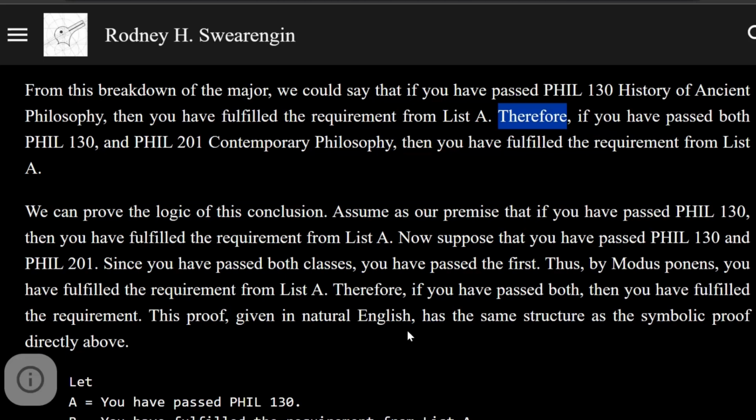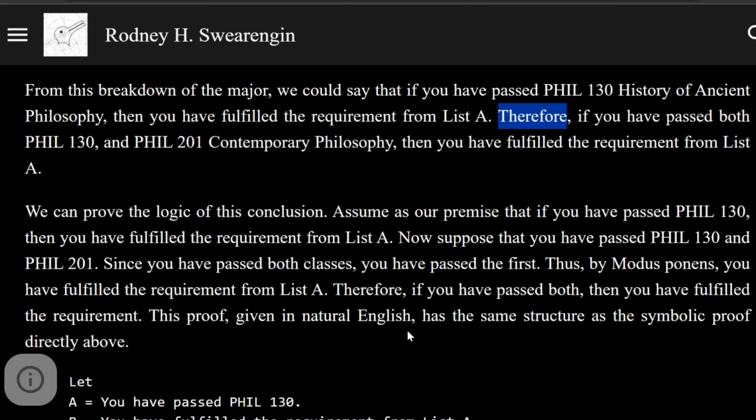And it's just a matter of our facility with language. But our symbolic apparatus is a way of making the logical structure and logical inferences more explicit and perhaps a little more precise once we understand how the symbolic apparatus works.